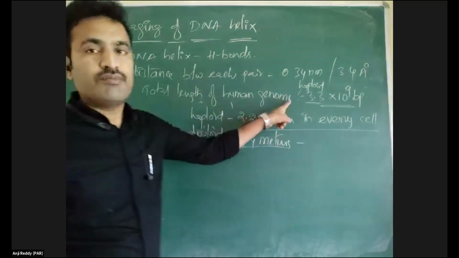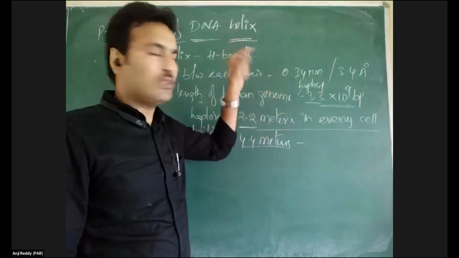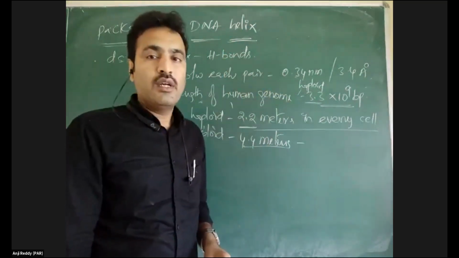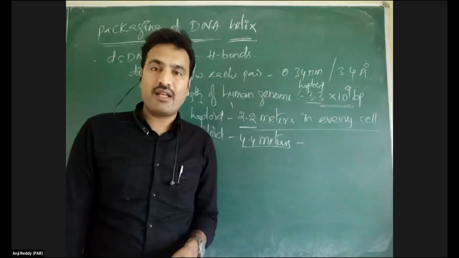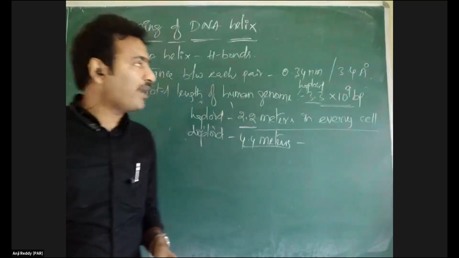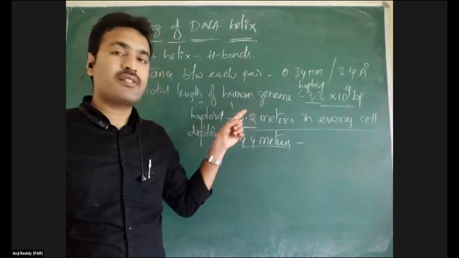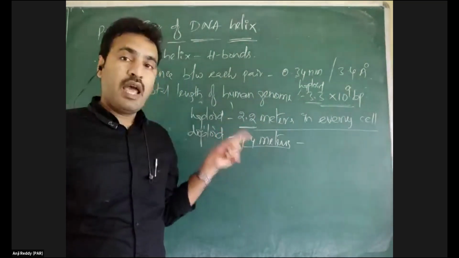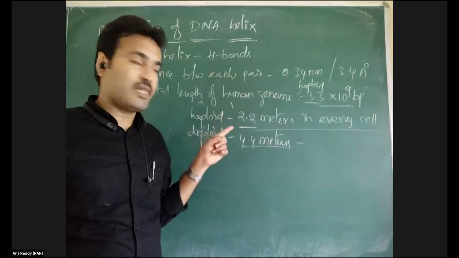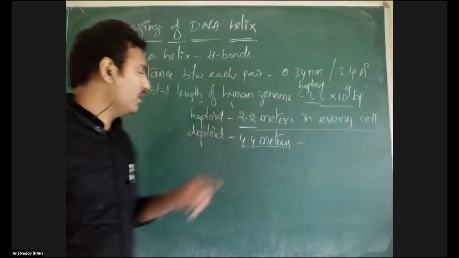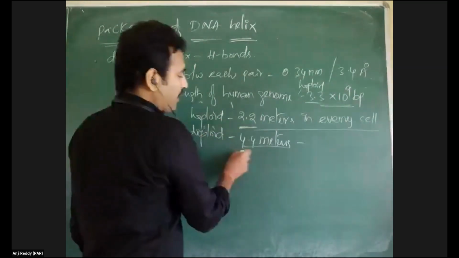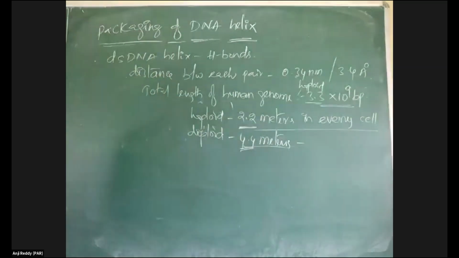The haploid genome of a human is 3.3 into 10 power 9 base pairs long. But humans are diploid organisms. As we are diploid organisms, our diploid genomic DNA length is 6.6 into 10 power 9 base pairs. If we convert them into meters, 2.2 is haploid, diploid will be 4.4 meters of DNA length present in every cell.